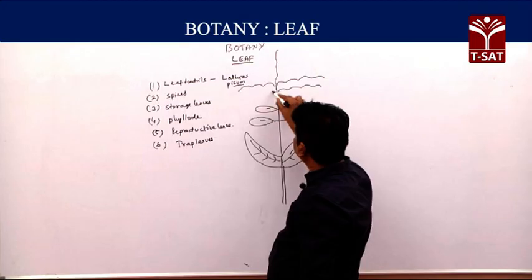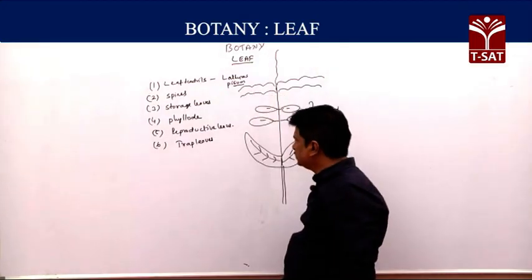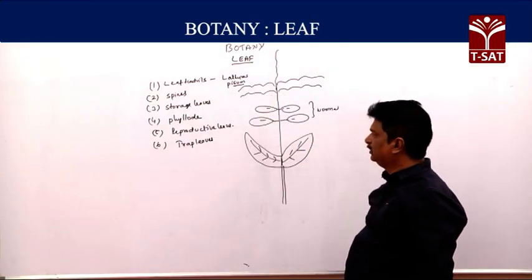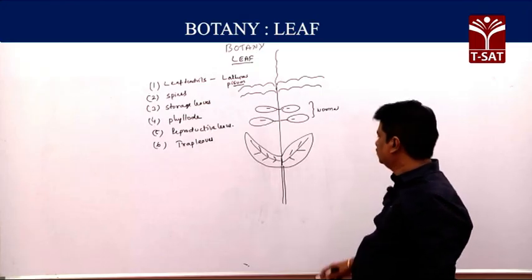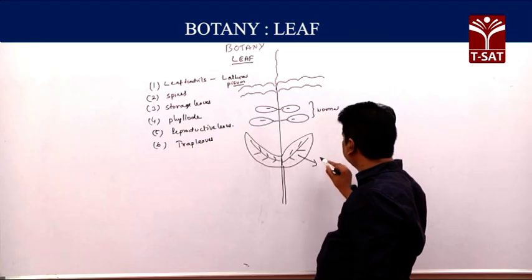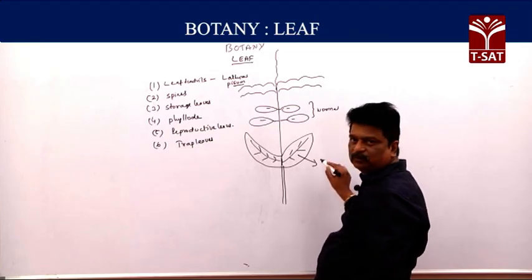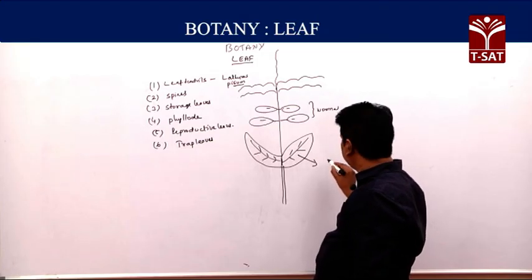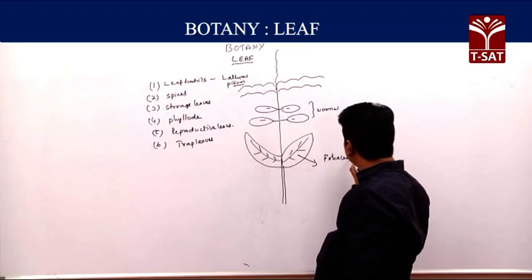But whatever food is prepared by these lower leaflets is not sufficient. That is why in plants like Lathyrus, the stipules are modified into leaf-like structures and perform photosynthesis, rightly called foliaceous stipules. These are also called phyllodes.